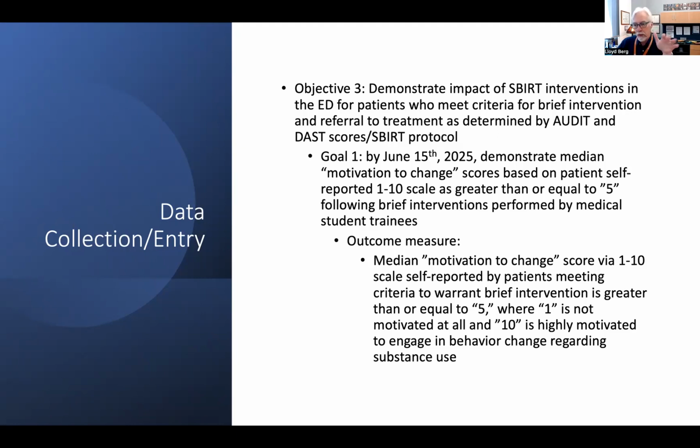The goal of an SBIRT intervention is to meet a patient where they're at, guide their thinking by evoking more change talk, but trying to predict that you're going to get them to at least a 5 might be setting up social workers to feel less efficacious about their work in this regard.